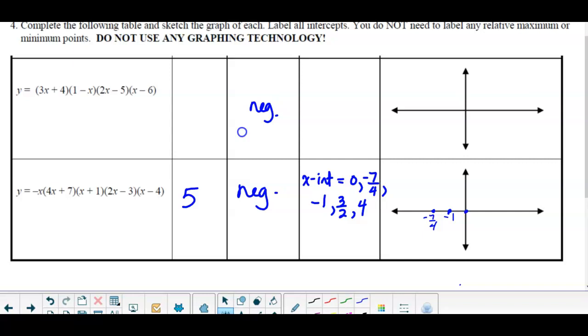And then I've got 3/2. And then I've got 4. Okay. Negative leading coefficient. So this is going to be going down and to the right. It's degree 5 and there are 5 x-intercepts. So you basically have the zigzag through.